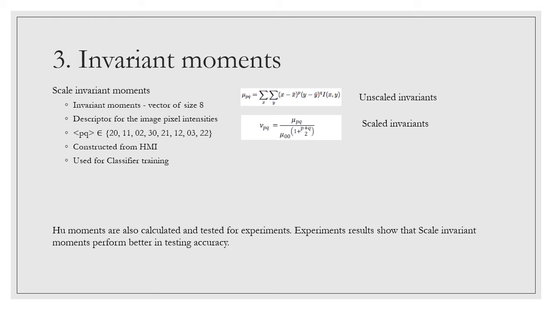It's constructed from HMI. I want to mention that Hu moments are also computed and tested for experiments. So I compared the performances. Actually, the scale invariant moments perform better in testing accuracy. So that's why I use scale invariant moments for my classifier training.